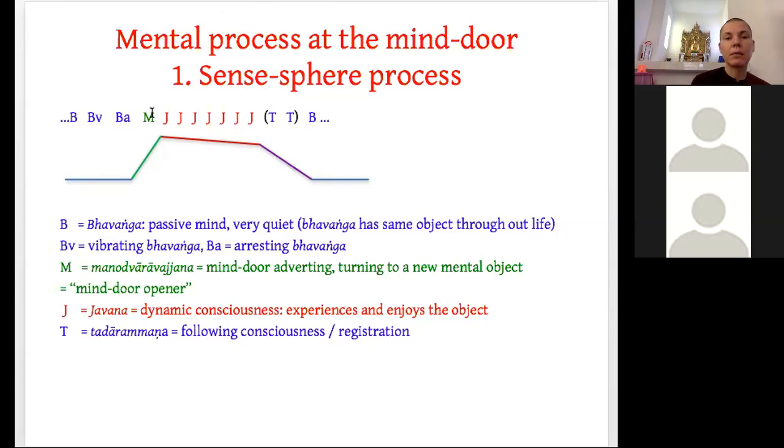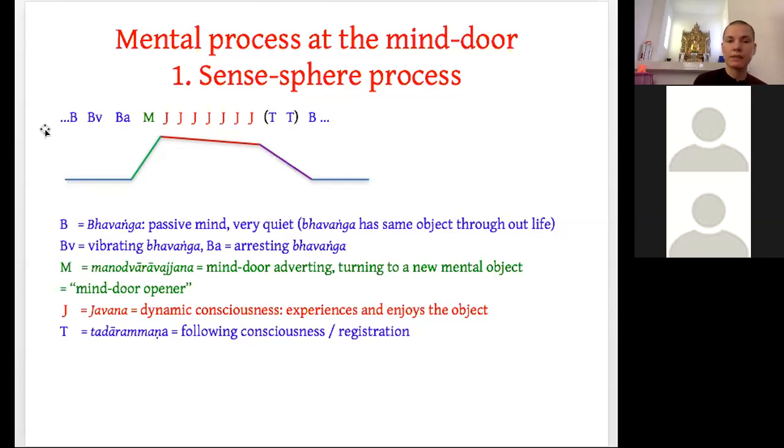We have 6 sense doors, and objects constantly bombarding us, and the mind knowing those objects arises. But between these processes, or the time when there is no external object coming in, there is still consciousness, and that consciousness we call bhavanga, and it will be throughout one's life.